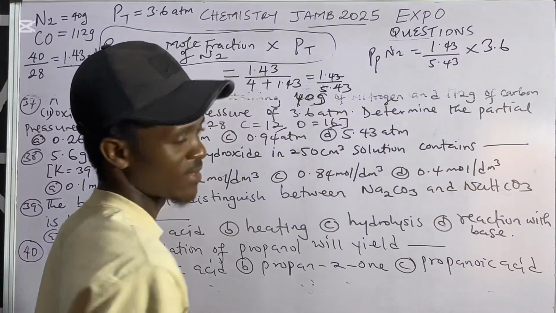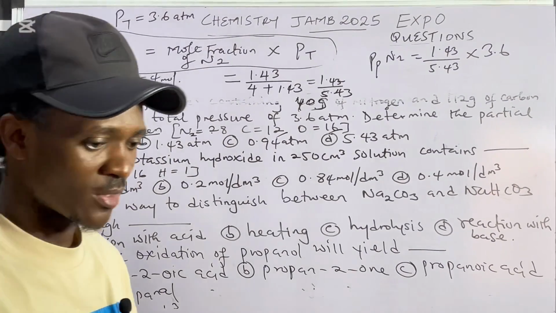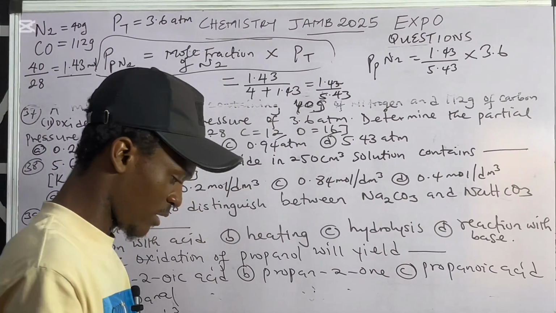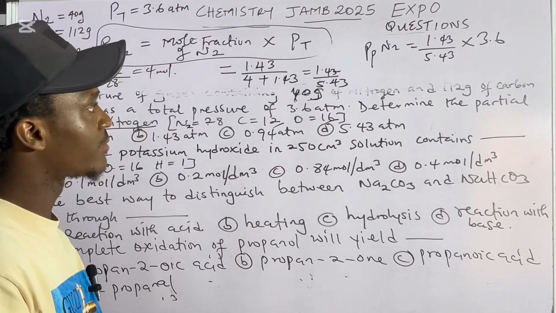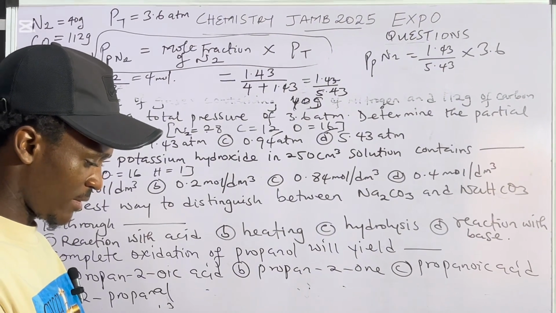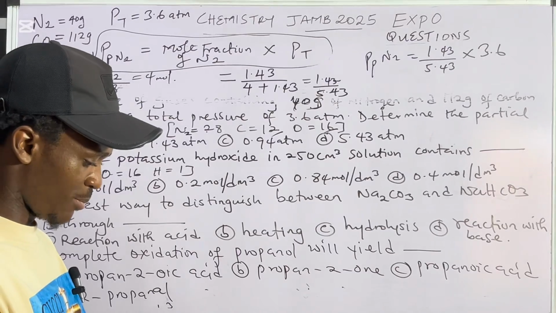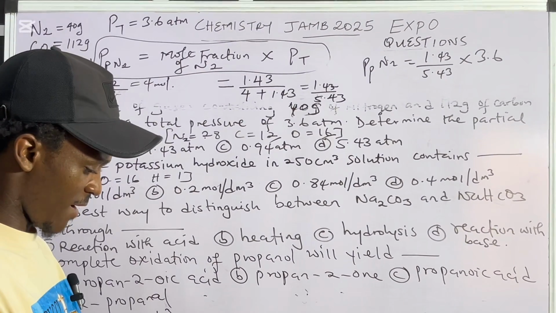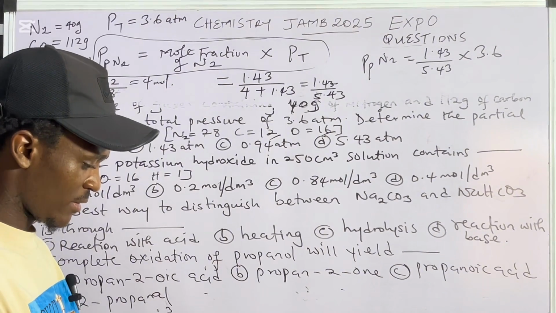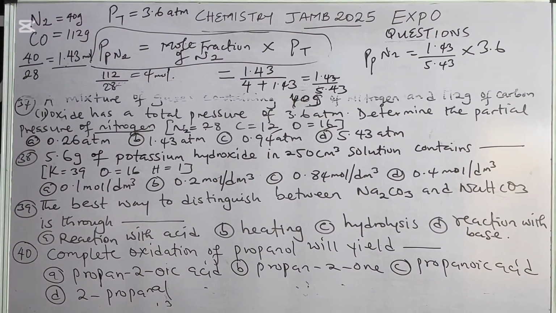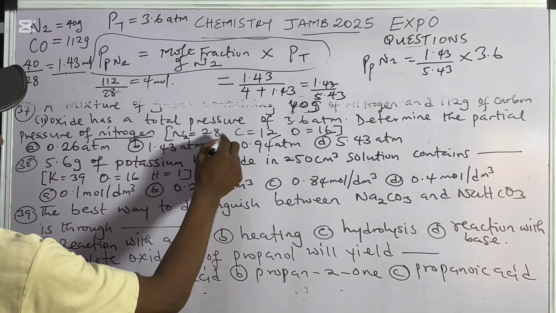This will give us our answer. Is that easy? So with the use of our calculator, that should give us 1.43 times 3.6, then divided by 5.43. Now, what did we get? 0.94 atm. So that's it.